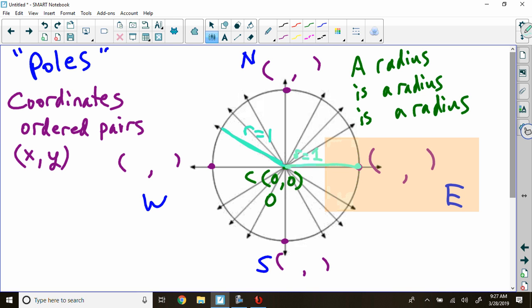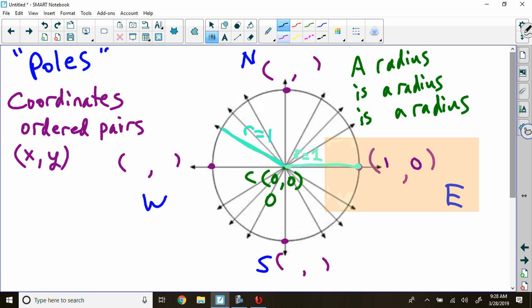So what's the coordinates over there? 0, 1 or 1, 0? Our x coordinate increased by 1 because here's 1, 0. There'll be 1, 0 over here.